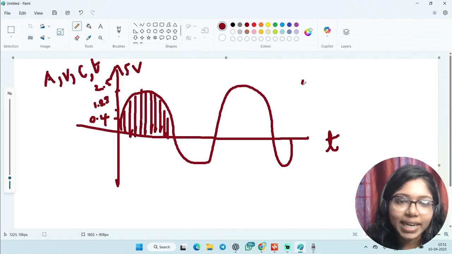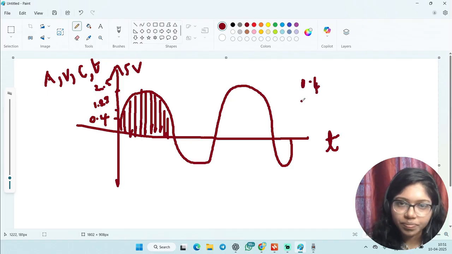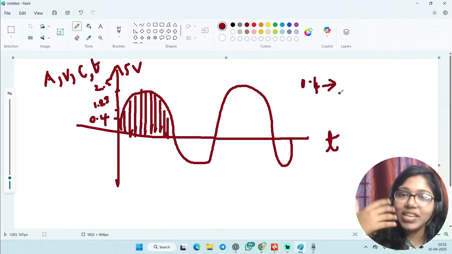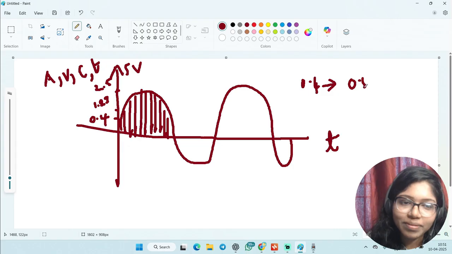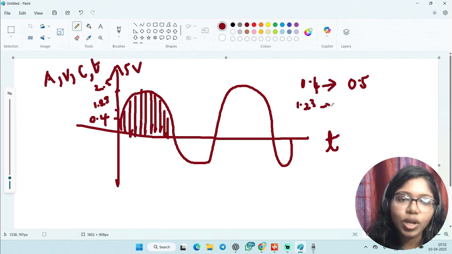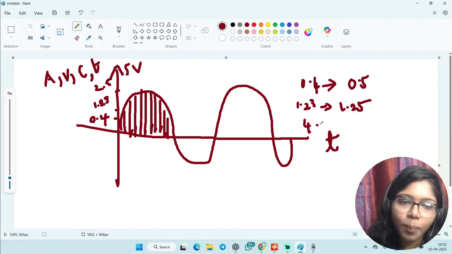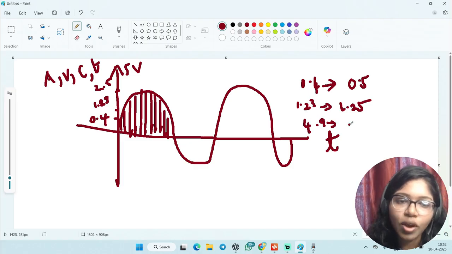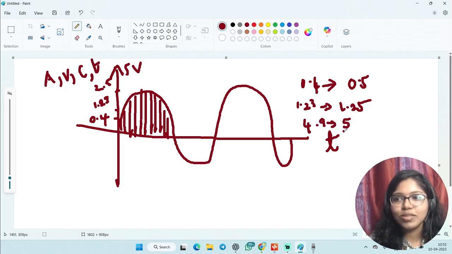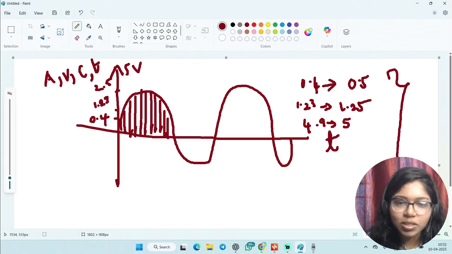If I acquire 0.4, it fixes that value to 0.5. If I acquire 1.23, it rounds off to 1.25. If I get 4.9, it rounds off to 5.